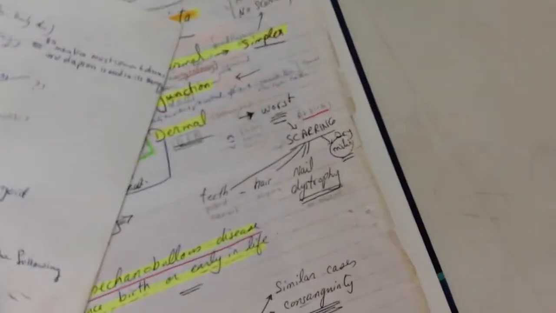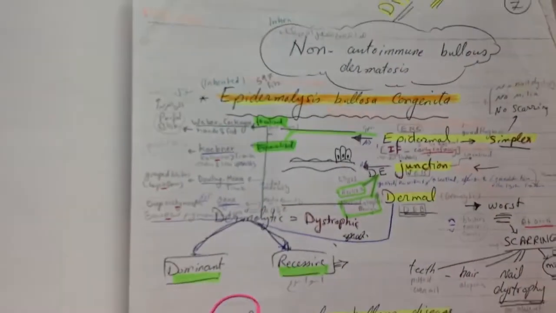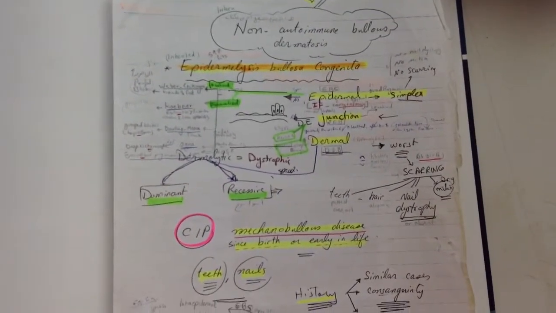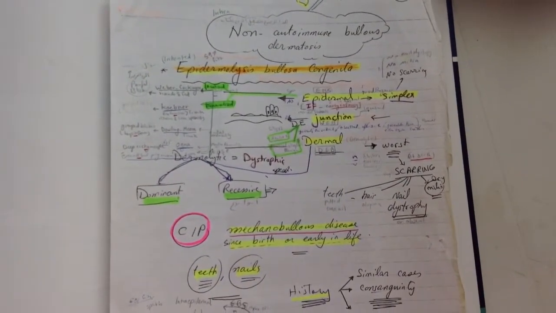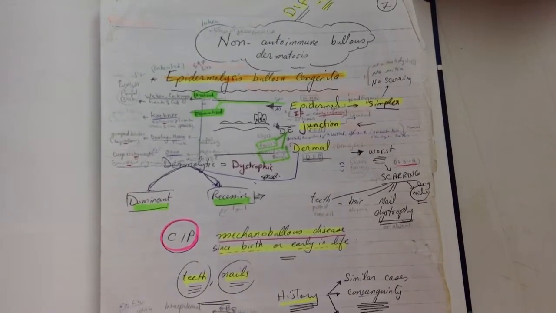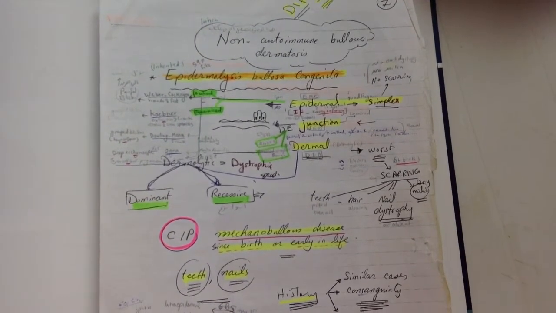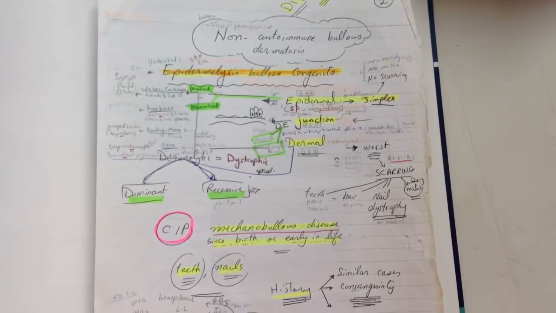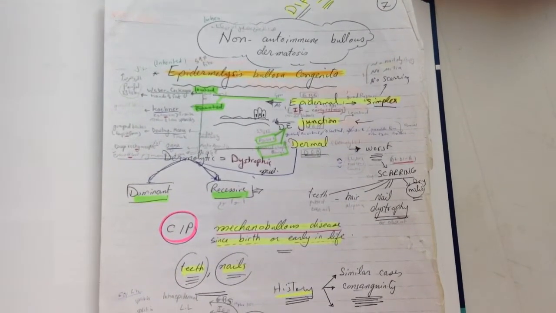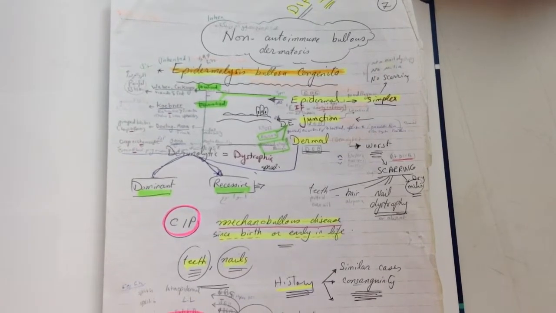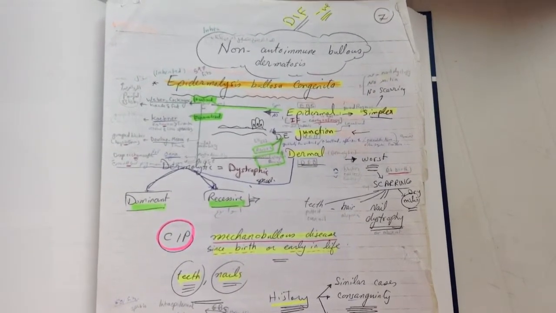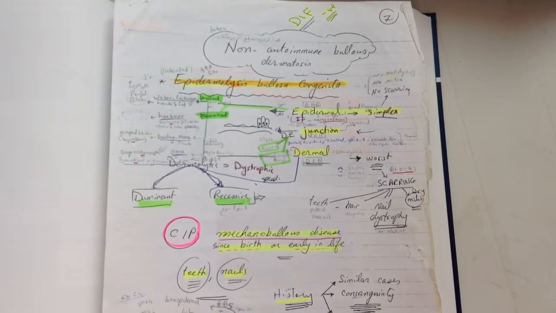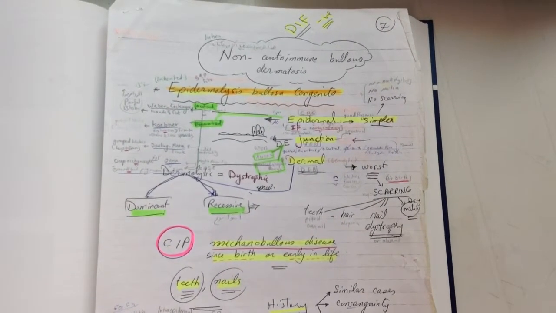Now we will talk about the non-autoimmune bullous dermatoses, the first disease being epidermolysis bullosa congenita. Epidermolysis bullosa congenita also has 3 types. The first type is epidermal, which is epidermolysis bullosa simplex, then junctional, and dermal or dermolytic, which is the worst.